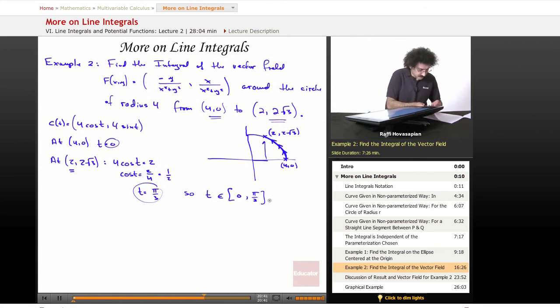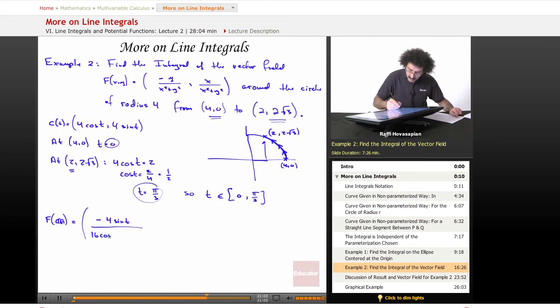All right, so let's go ahead and solve the integral. Well, f of c of t, when I put this parameterization in there, I end up with the following. I end up with minus 4 sine t over 16 cosine squared t plus 16 sine squared t, and 4 cosine t over 16 cosine squared t plus 16 sine squared t.